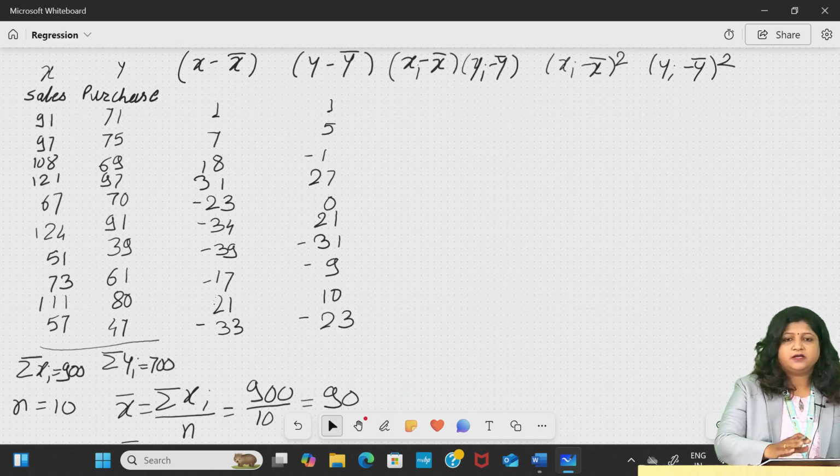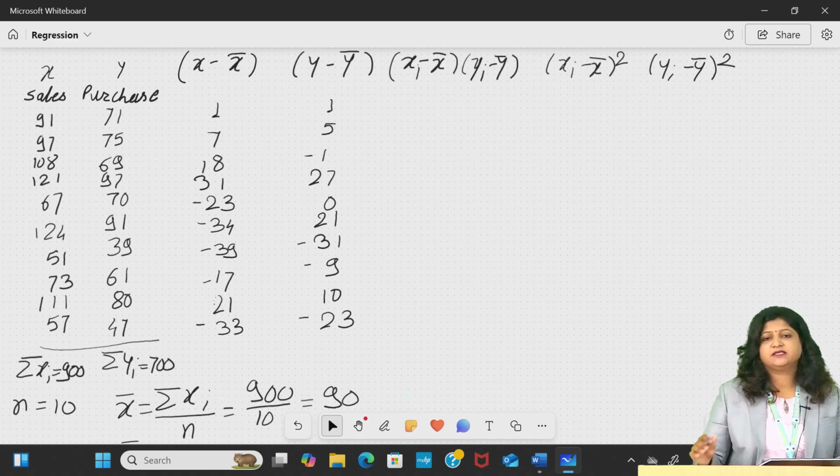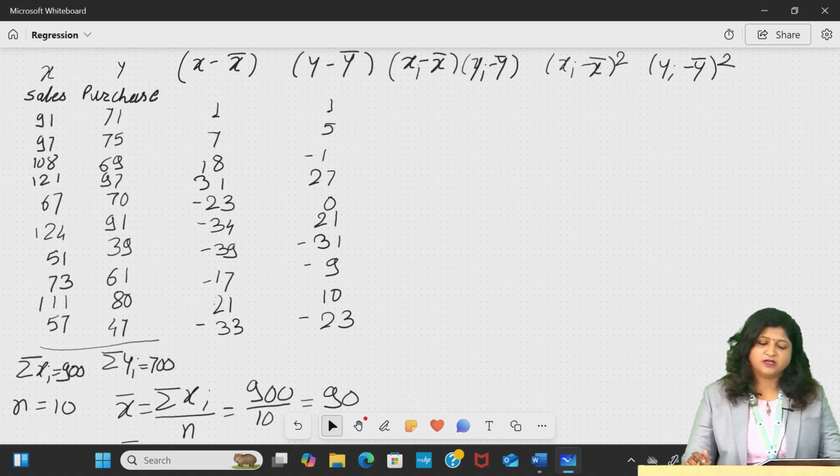Now we will take the multiplication of the third column and fourth column. We will obtain the fifth column, that is xi minus x bar into yi minus y bar.